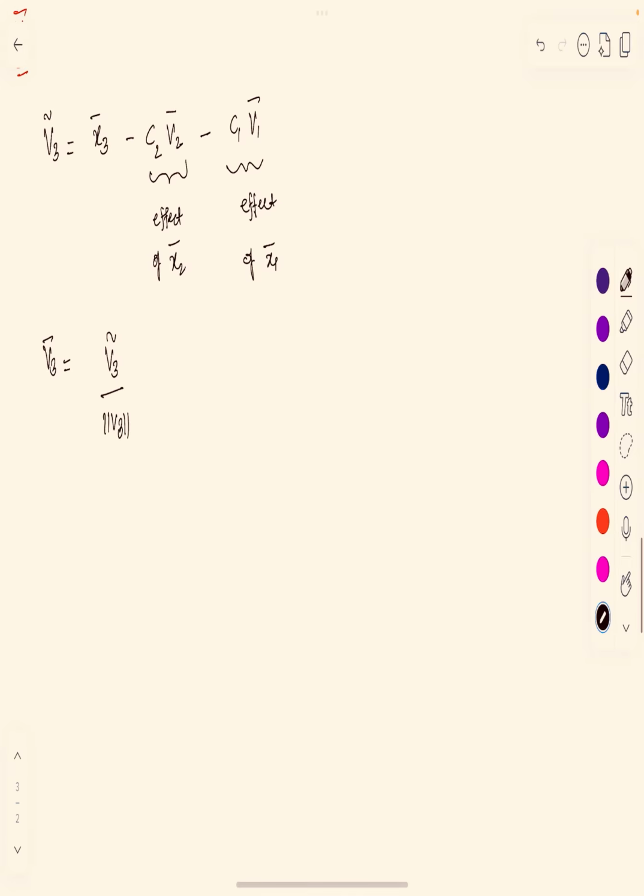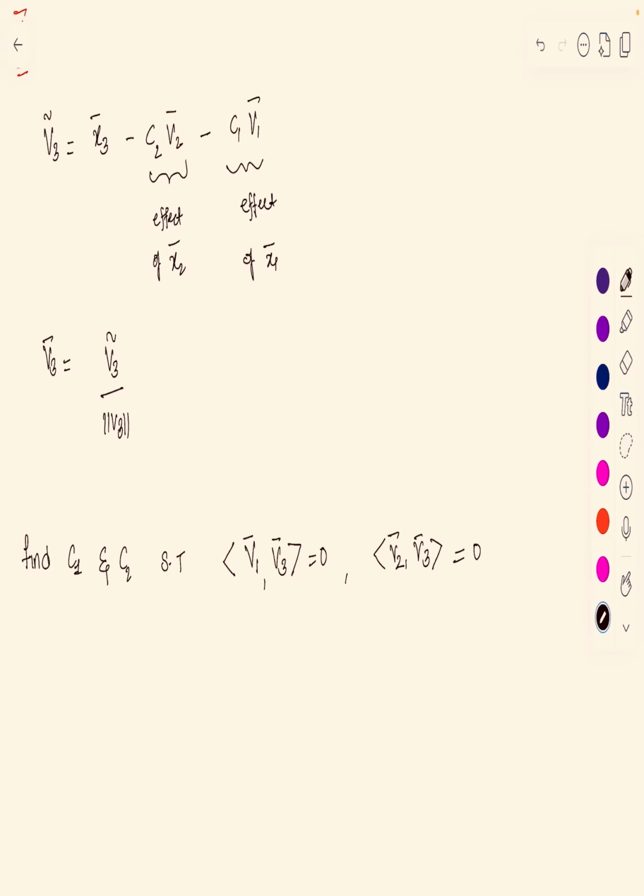All right, so now we have two constants to find, c1 and c2, such that two equations are satisfied: the inner product of V1 bar and V3 bar should be equal to 0, and the inner product of V2 bar and V3 bar should be equal to 0.